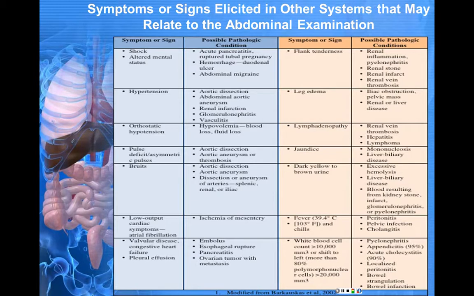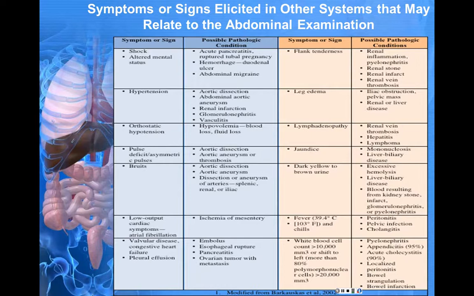Again, flank tenderness can be a sign of renal inflammation, pyelonephritis, renal stone, renal vein thrombosis. Leg edema can be obstruction in the iliac area or pelvic area, renal or liver disease. Lymphedema, lymphadenopathy can be due to renal vein thrombosis, hepatitis, lymphoma.